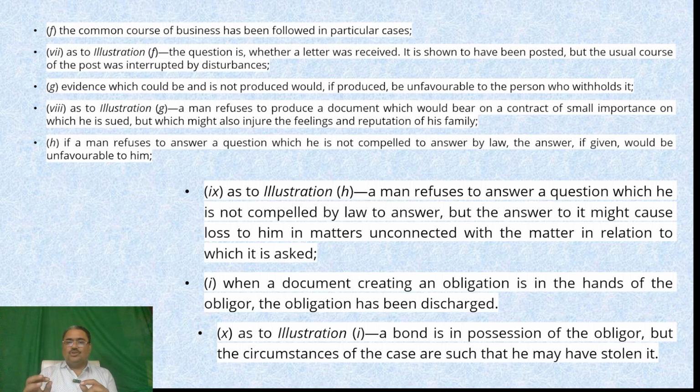Suppose the court asks you to bring X evidence. You say, I will not bring it. What could be the reason? Definitely, when you withhold it, you are under the impression that if you produce it, it will go against your interest. This naturally comes. Why is he not producing it? Definitely for that purpose. So there are things which we naturally draw, and accordingly the law of evidence allows these kinds of presumptions.